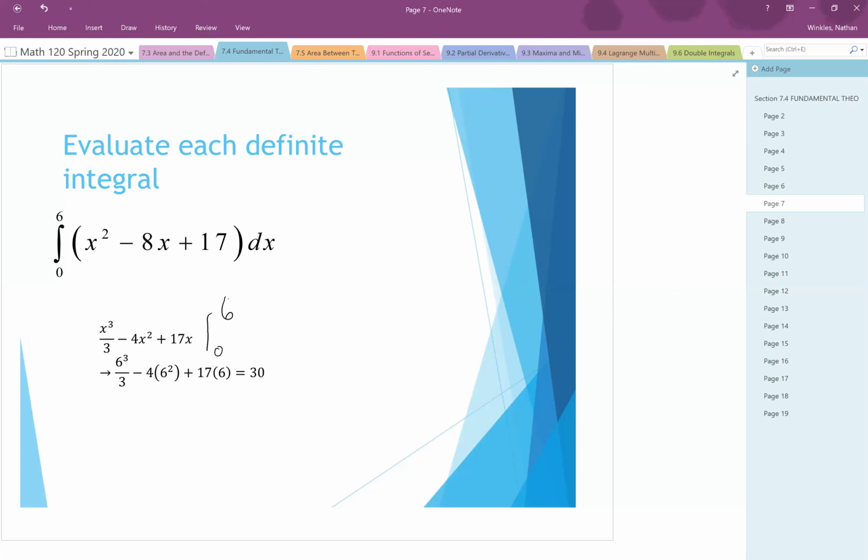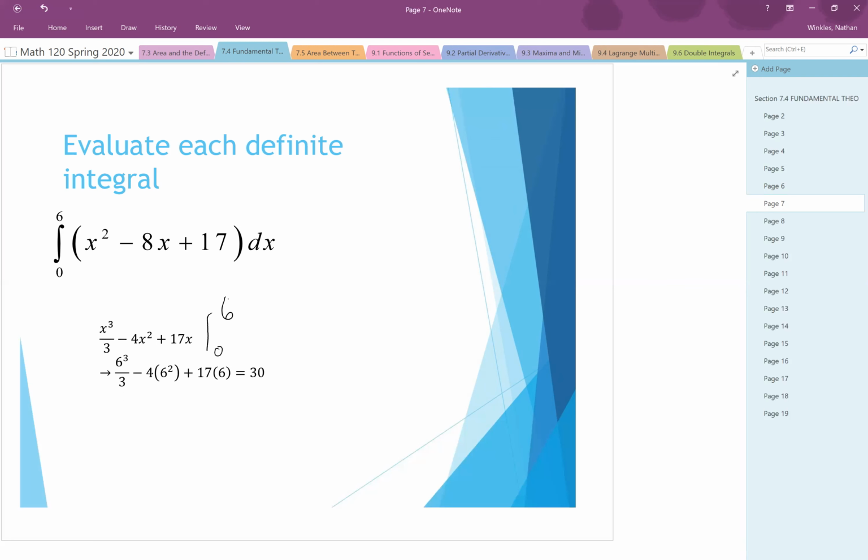Now, when we plug in 6, we get a value. When you plug in 0 in this case, everything has an x, so therefore it's going to be 0. However, keep in mind that whenever you do your value for 0, if you have natural logs or exponentials, e's, they may not always be 0, so you're going to have to check to make sure of that when you plug in 0.